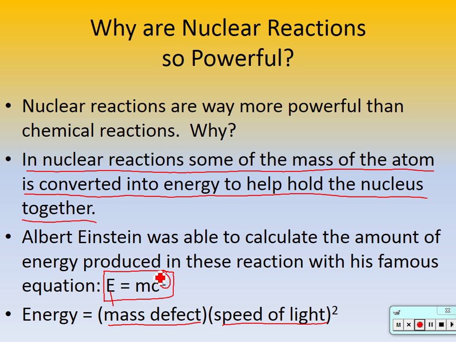Is the speed of light a large number? Sure, it's the fastest speed anything can go. And then you square it on top of that, and so you're getting a very large number right there. So even though the mass defect might be very small, because this C squared number is so big, what kind of energies are we producing? Pretty big amounts of energy from very little mass.